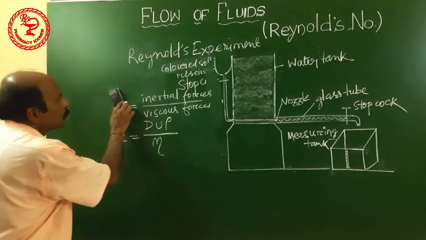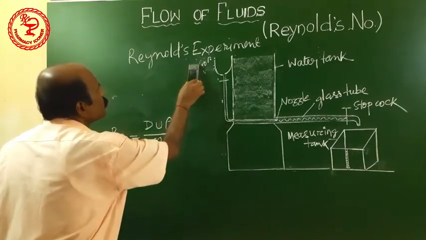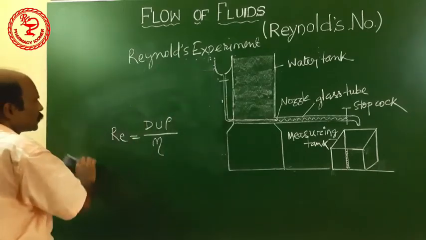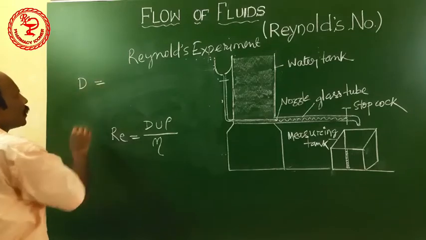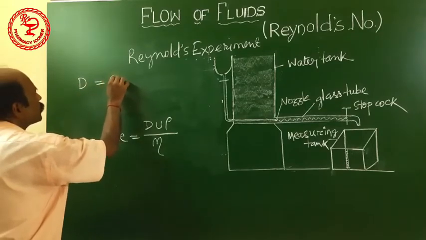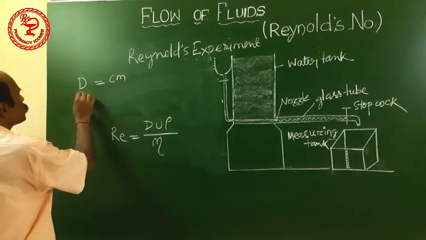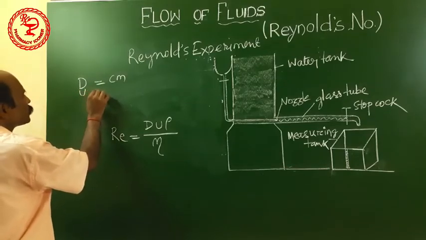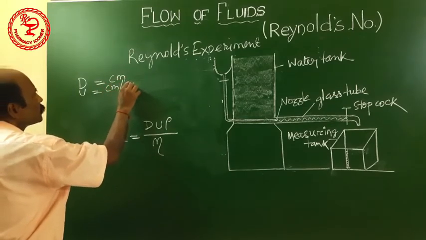Now, how is it a dimensionless group? D, the diameter of the pipe, is in centimeters. U, the average velocity, is in centimeters per second.